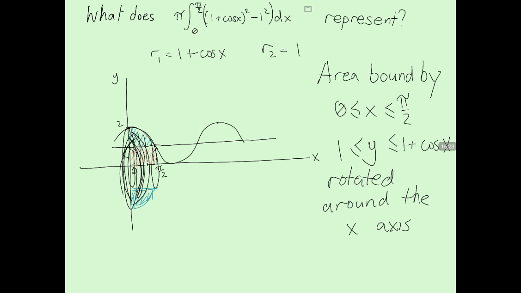So what we're going to have now is the volume obtained by rotating the area bound by these conditions, and we're going to rotate that around the x-axis to obtain our answer.